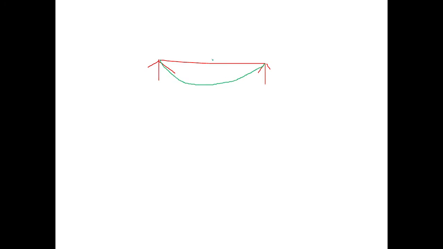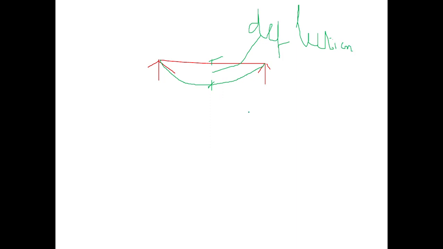So the vertical distance between the original beam and the deflected shape is known as deflection, right? It is known as deflection.